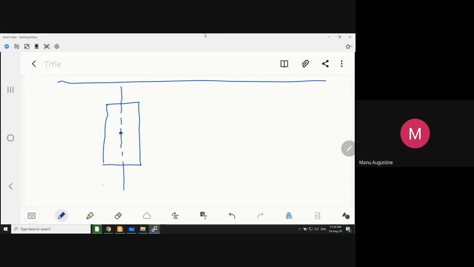And since for now the centroidal axis is vertically placed, I choose to name it as YY. But as I've already told you, you can choose to name it in any way you like. But a vertical axis, it's easy for us to decide that we can call it YY. So let us call this YY, and this is a centroidal axis.